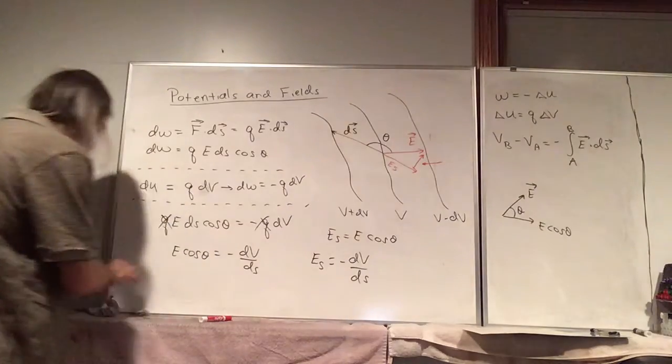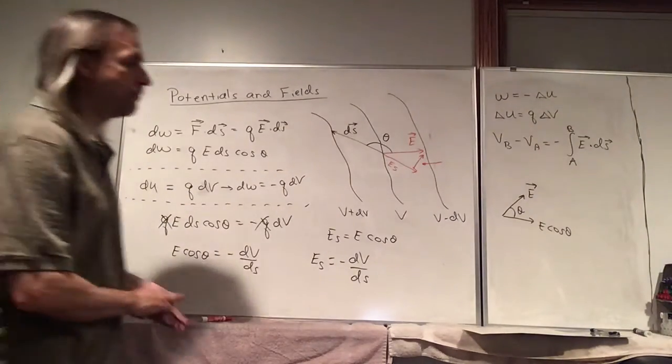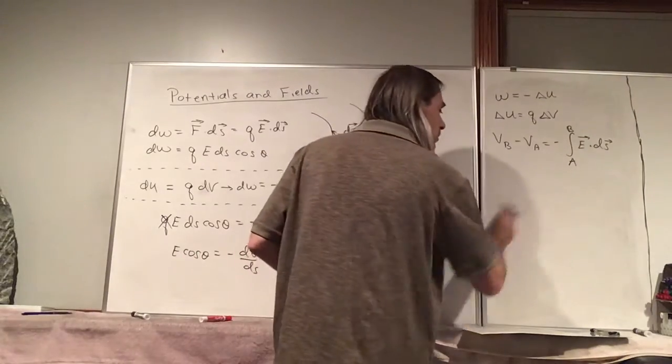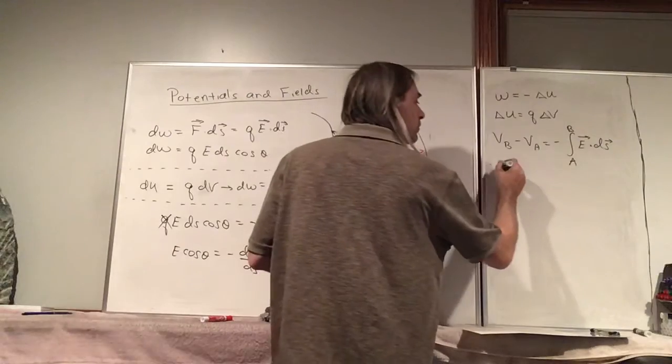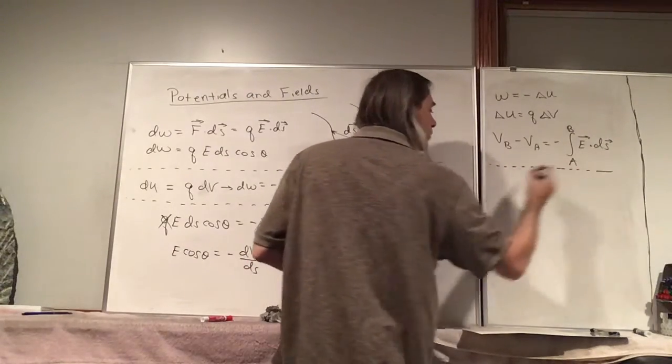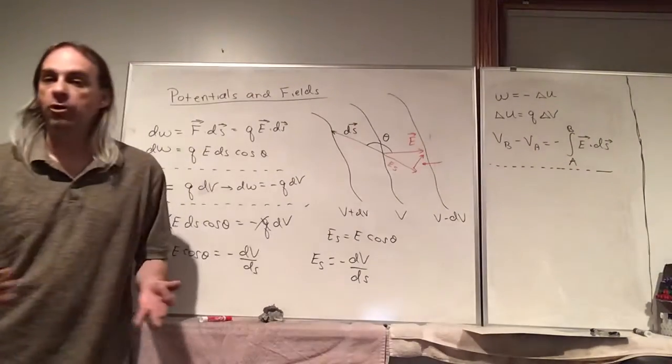Now, in Cartesian coordinates, we can write it this way. We can always break our vector up in multiple ways.